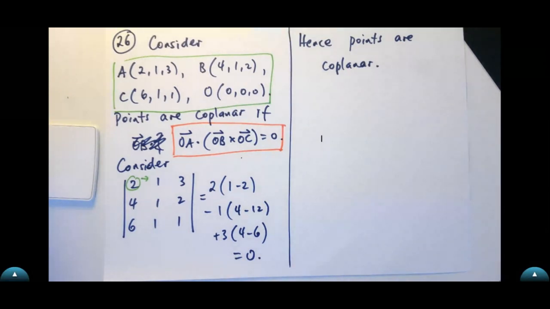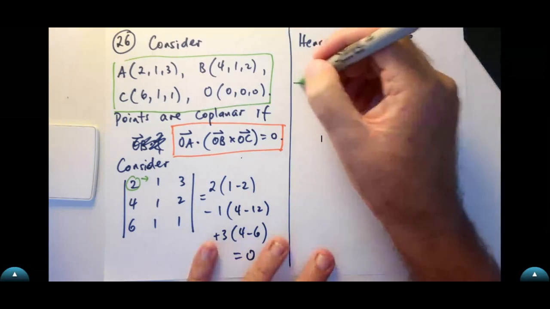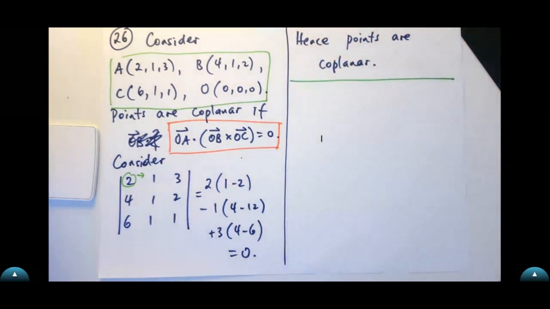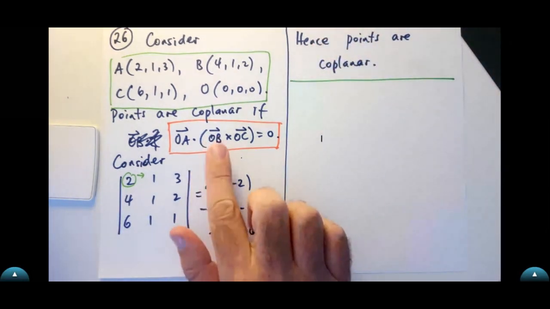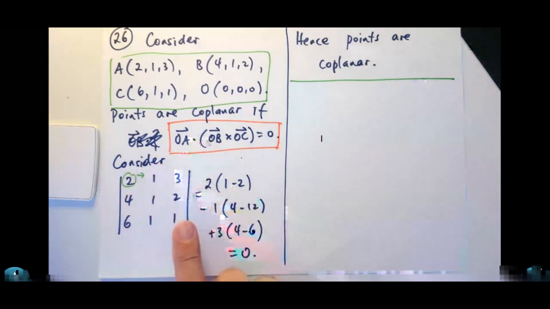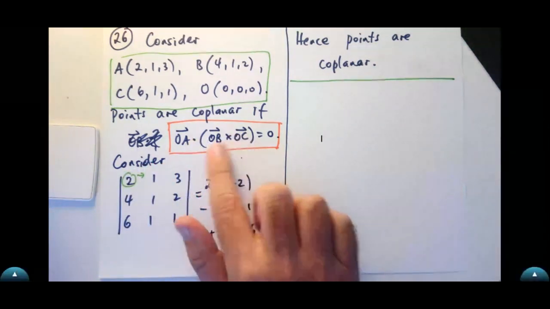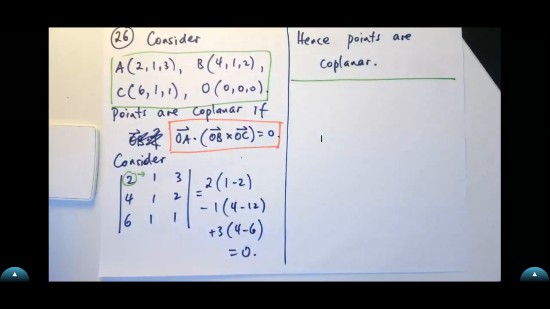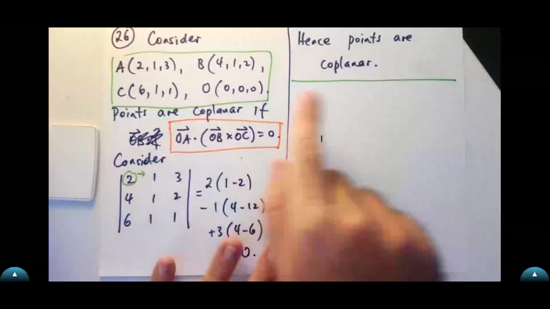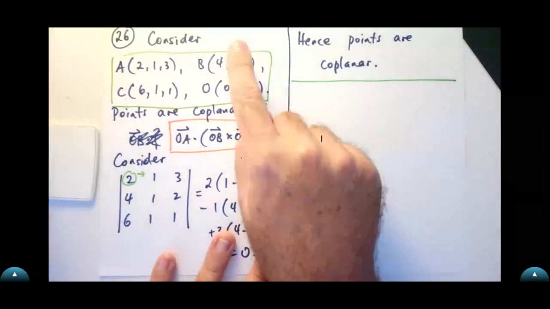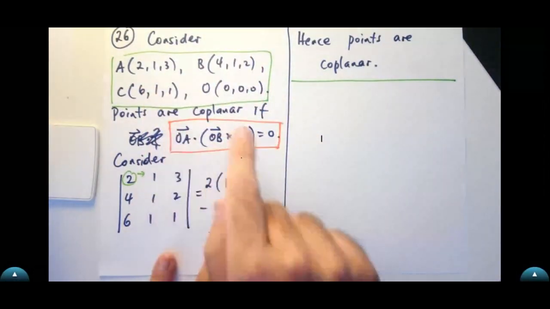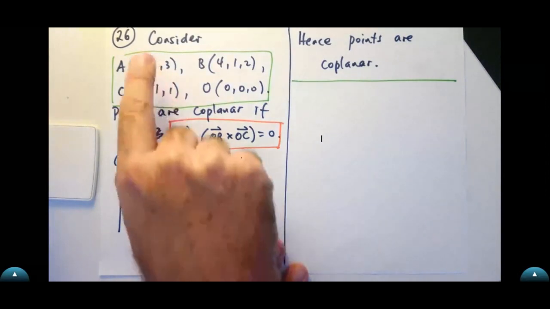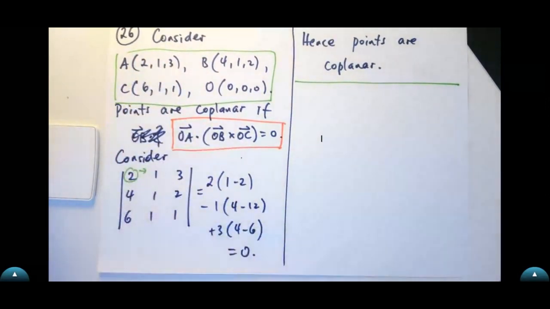Okay. Now, a good question here is, we're doing this using determinants. Is it okay to do the cross product separately and then the dot product? Can anyone tell me? Could I work out the cross product of this and this as vectors, and then take the dot product separately with this vector up here?